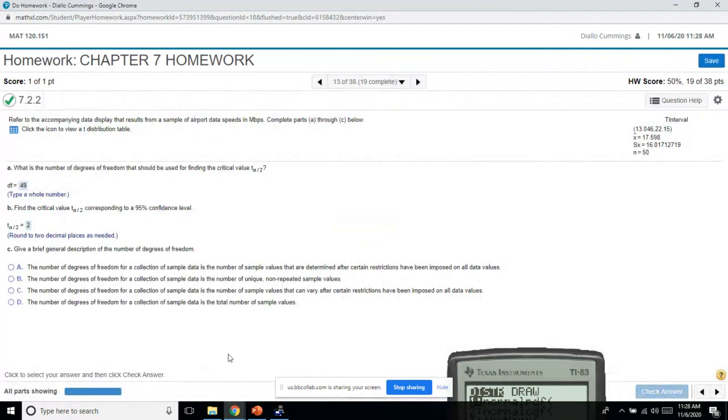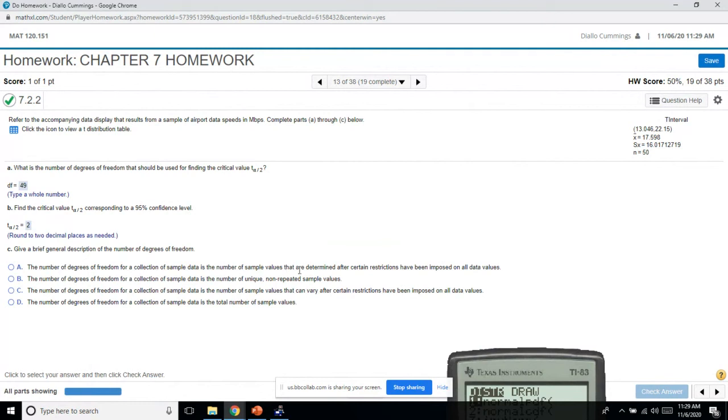And lastly, we're asked to interpret it. So from our interpretation, the number of degrees of freedom for a collection of sample data is a number of sample values that can vary. So notice this one contains "that can vary."